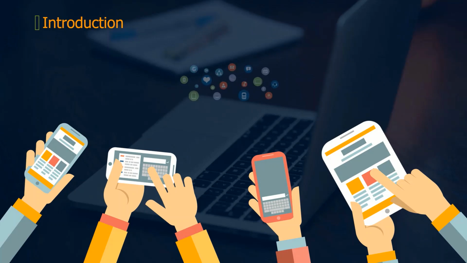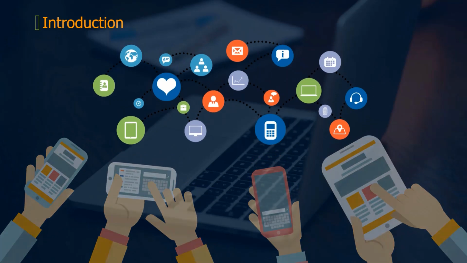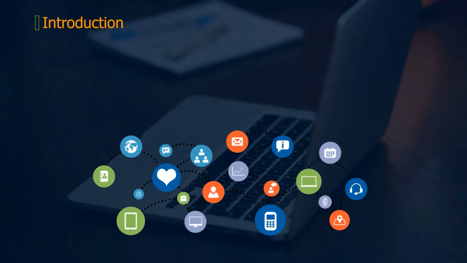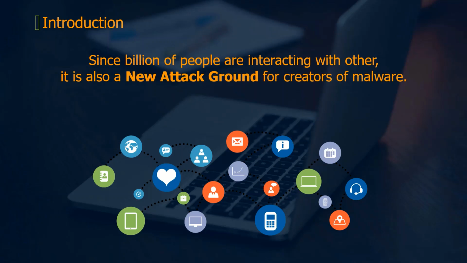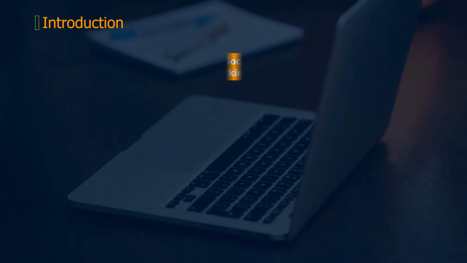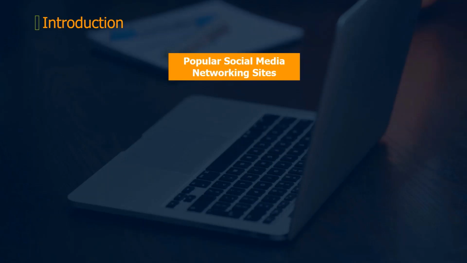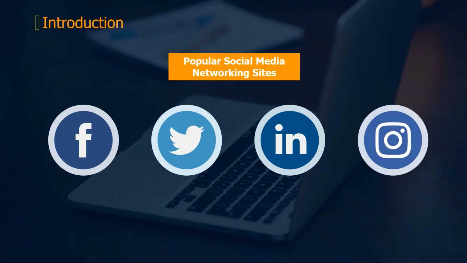These interactions reveal a lot of information, often including personal information that is visible to anyone who wants to view it. Hence, privacy is often a key concern faced by the users. Since billions of people are interacting with others, it is also a new attack ground for creators of malware. Popular examples of social networking platforms are Facebook, Twitter, LinkedIn, Instagram and so on.